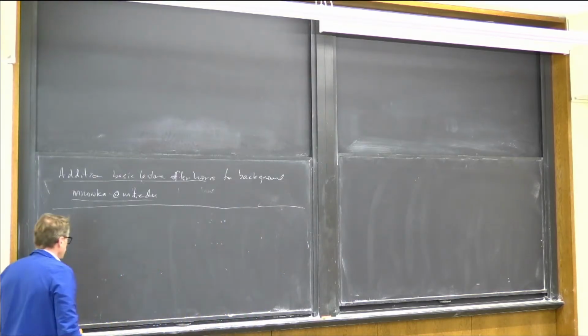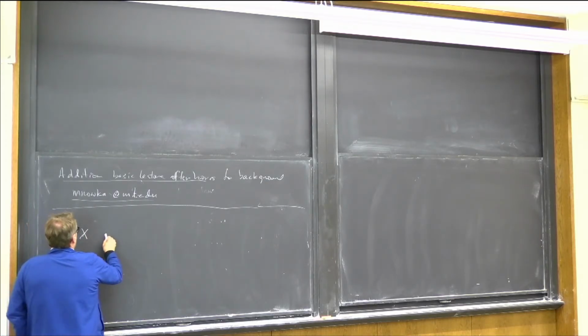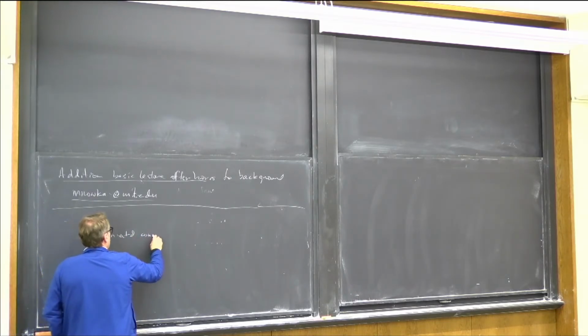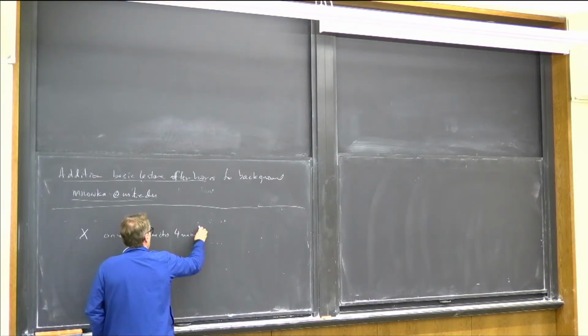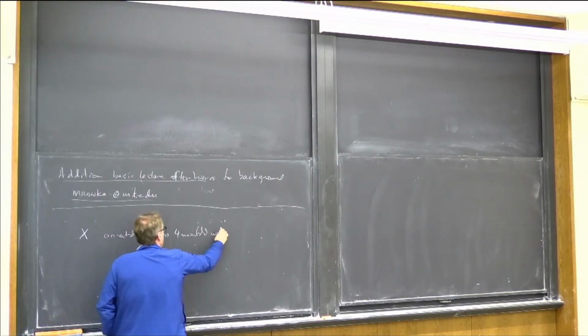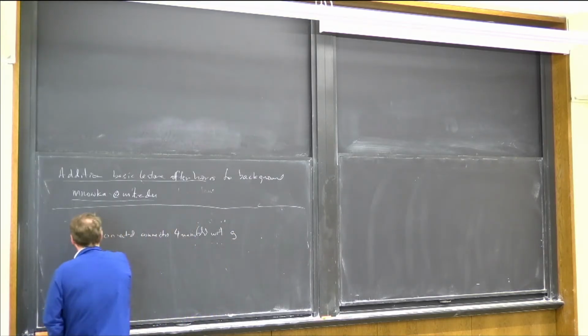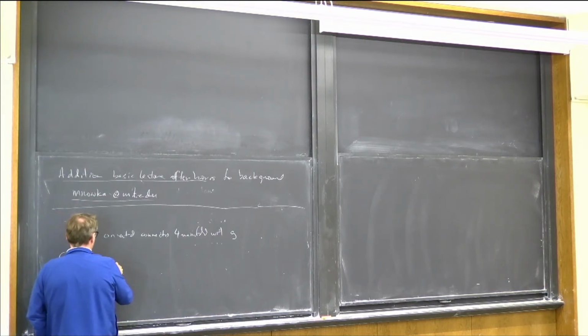Okay, so remember last time, here was the setting. So we had this oriented connected four-manifold with Riemannian metric g. Then we fix a principal G bundle.